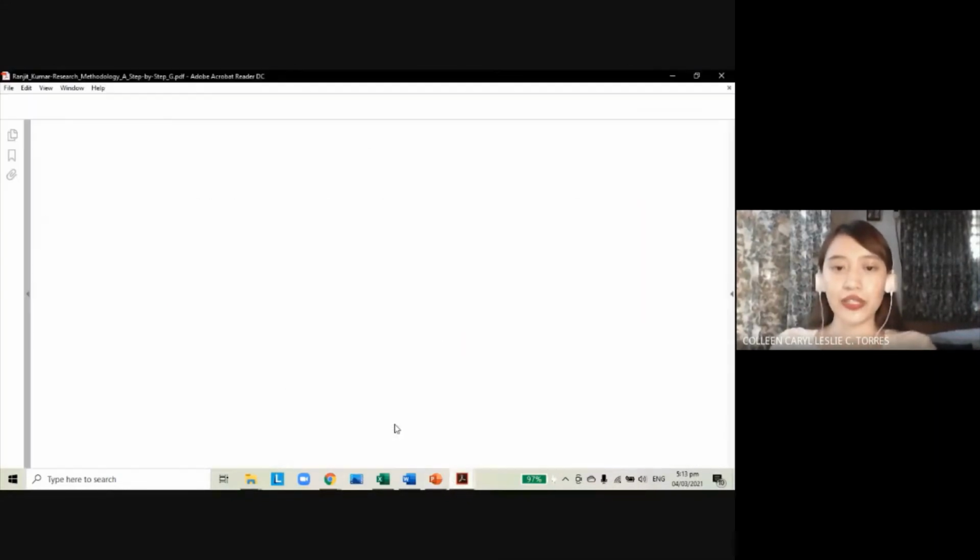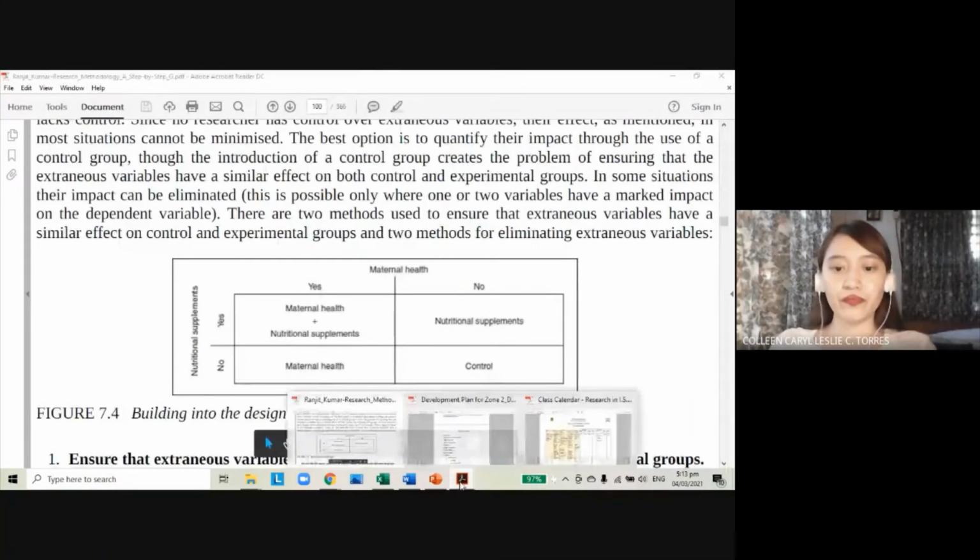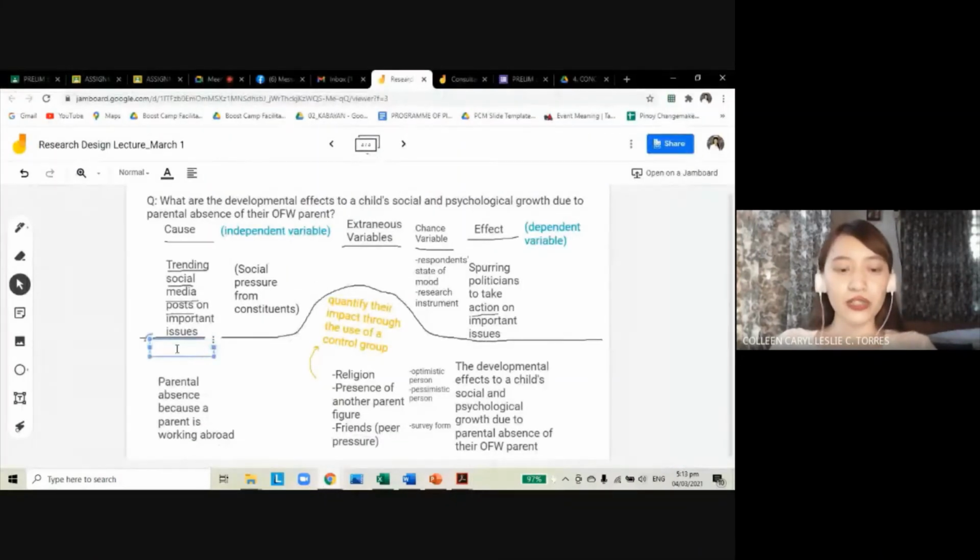Now, where was I? All right, here. Now, so let's say supposing the control group is a group of children who have parents, not every child has a parent, but their parent is present and are not working abroad.